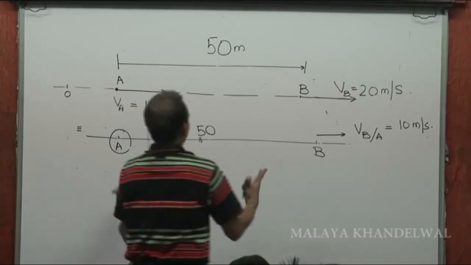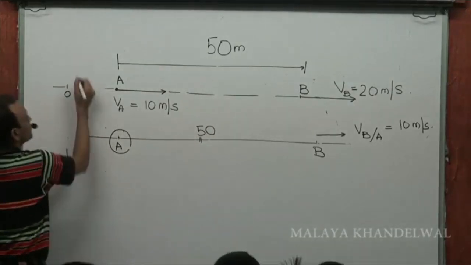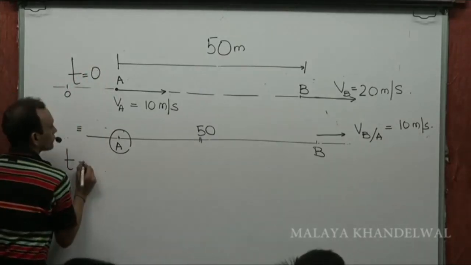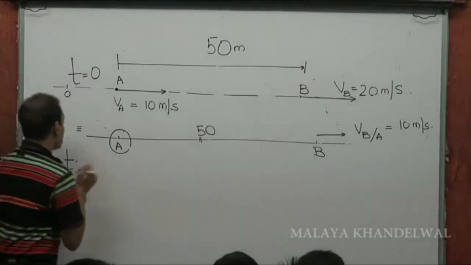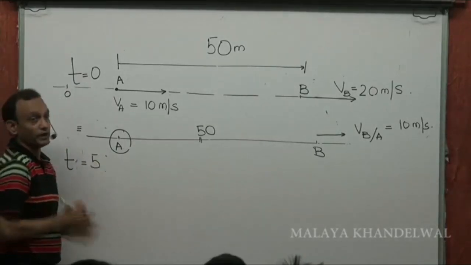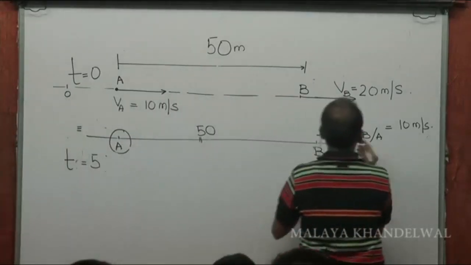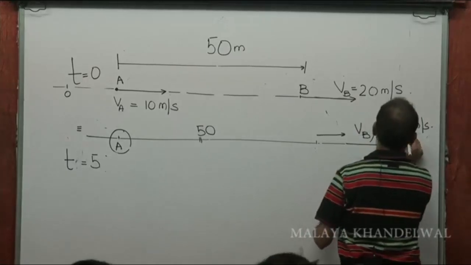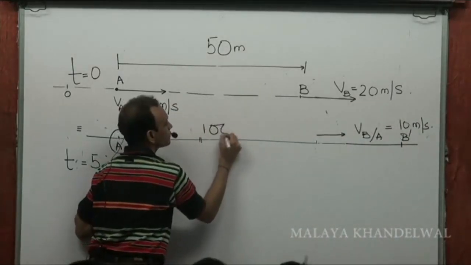For example, say this was t equal to 0, then at t equal to 5, it's as if A is still at rest, A is at this position, and B comes to this position, B prime, where the separation between them becomes 100 meters.